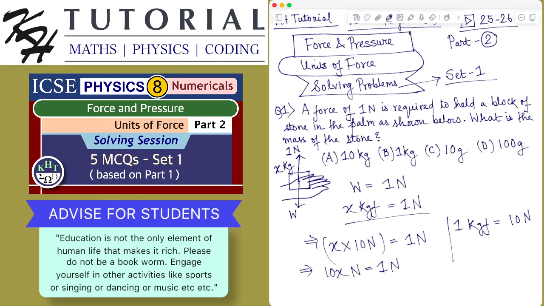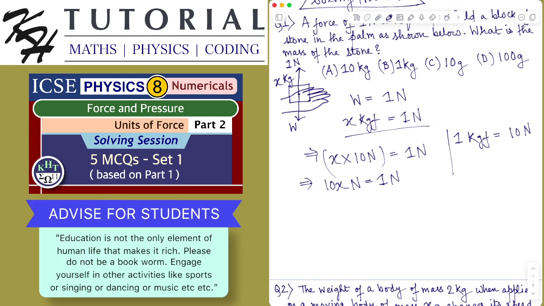Now I can cancel the Newton unit from both the sides and equate the value, and I get 10x is equal to 1. This implies x is equal to 1 by 10. So the mass of the stone is equal to 1 by 10 kilogram.